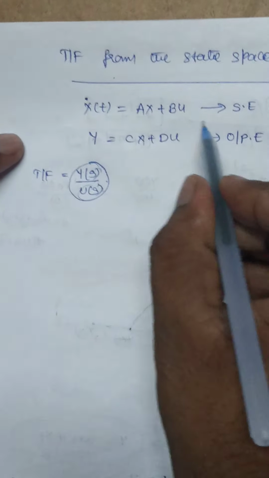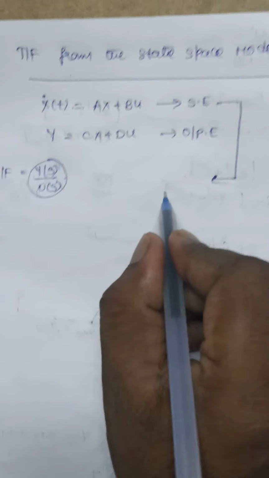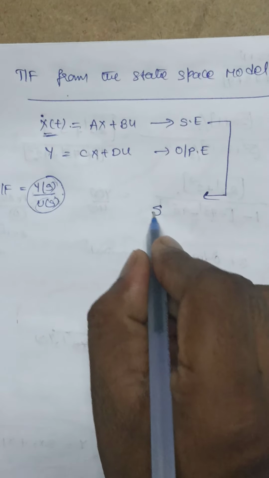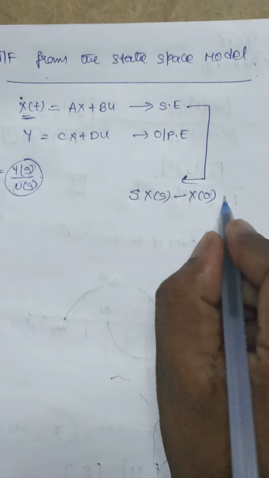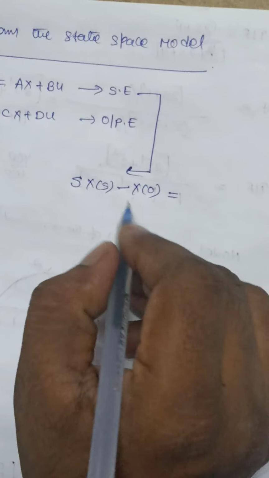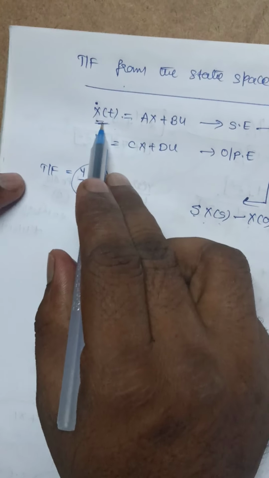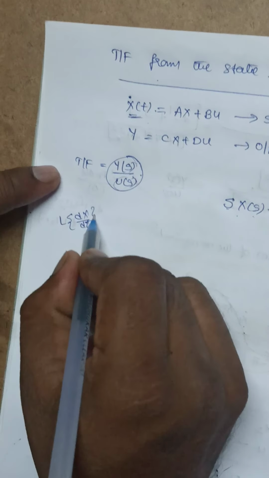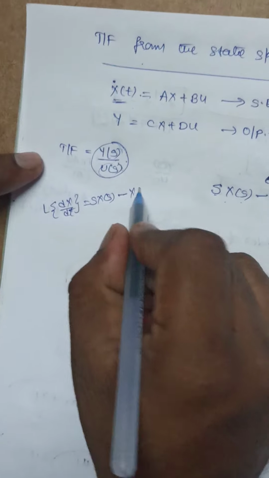So if you are able to find this Y of s by U of s, then it is over. So for this I am going to apply the Laplace transform for this state equation first. If I apply the Laplace transform for this state equation, I will get s into X of s minus X of 0. This X of 0 indicates initial conditions. If the initial conditions are 0, then it will become s into X of s. Laplace transform of dx by dt is equal to s into X of s minus X of 0.